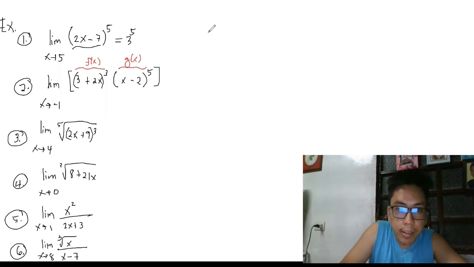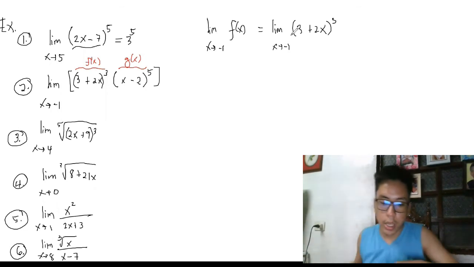Okay, in this case, let's solve for the limit of f of x as x approaches -1. We can also apply the limit of a linear function. So you have the limit of (3 plus 2x) to the 3 as x approaches -1.